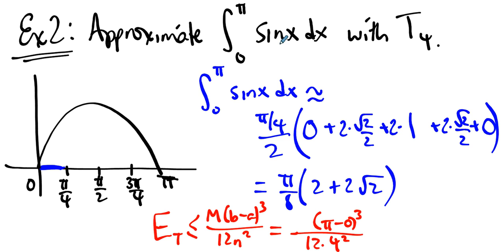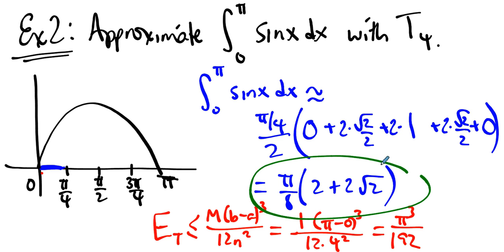So the most that negative sine x could be between 0 and pi, the farthest away that could be from the axis, is 1. And so this is pi cubed over 192. This is about 30 over 192. This is about 1/6. So this number is within about 1/6 of the actual area.